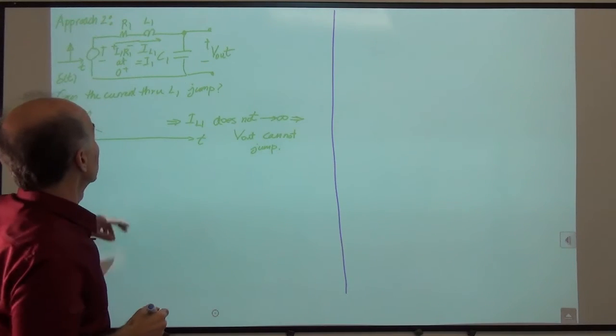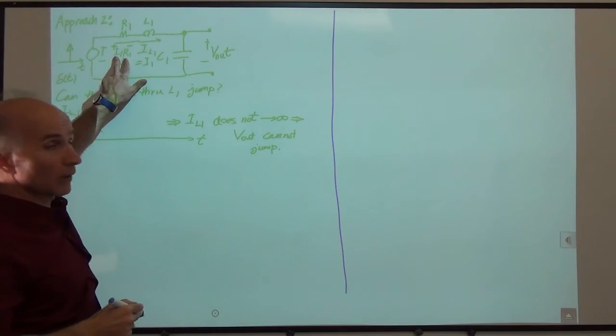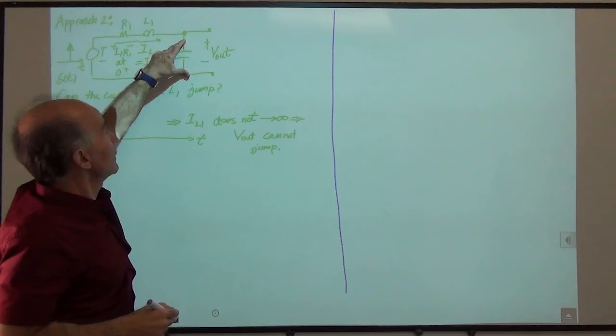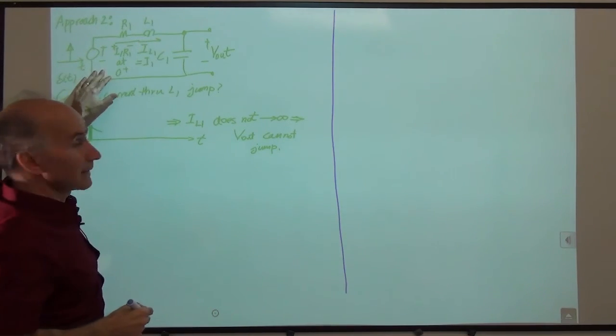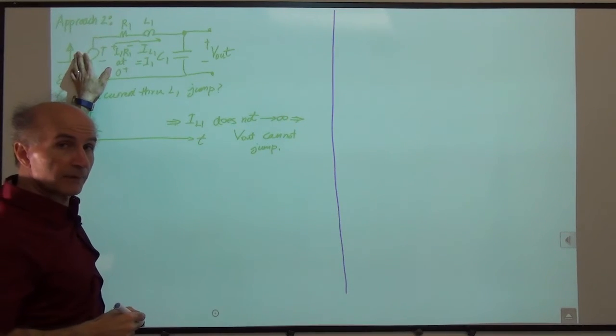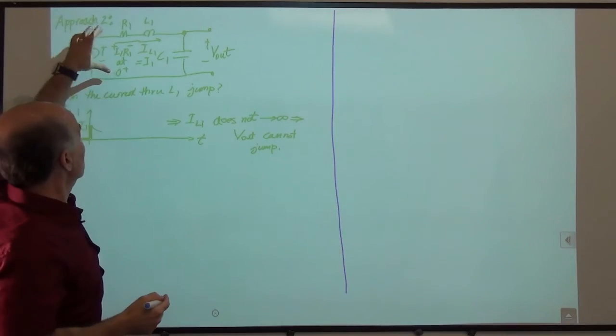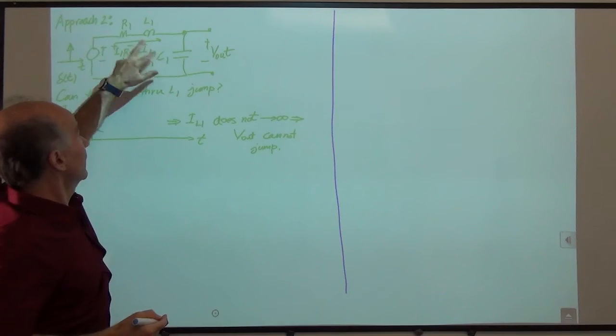So let's see what has happened. This guy has a little bit of voltage, I1 R1. This guy has no voltage. How much is the voltage across the inductor during this transition when we apply this impulse? The voltage is indeed infinity, because this is infinite, this is not infinite, and this is 0.